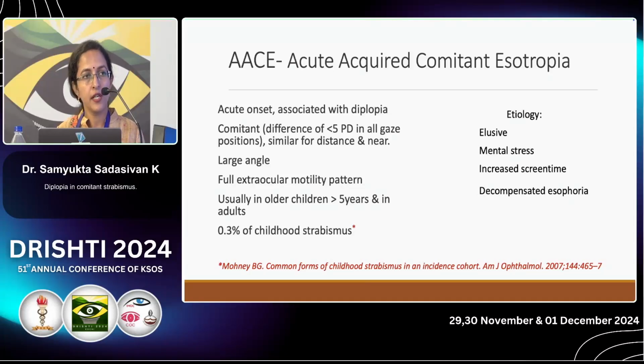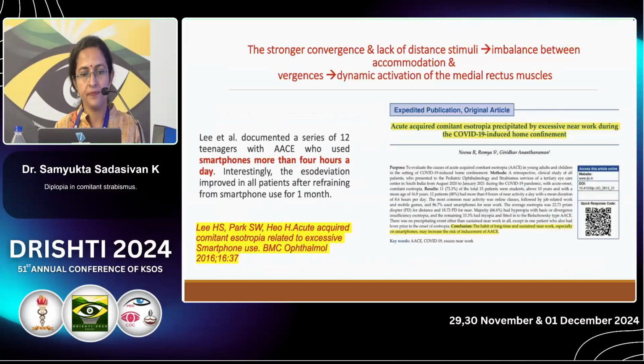And it is a large angle esotropia typically with full extraocular motility in all directions, seen usually in older children more than 5 years and also in adults, and accounts for nearly 0.3% of childhood strabismus. Etiology is essentially elusive. Mental stress, increased screen time, and decompensation of esophoria have been hypothesized to be causing this.